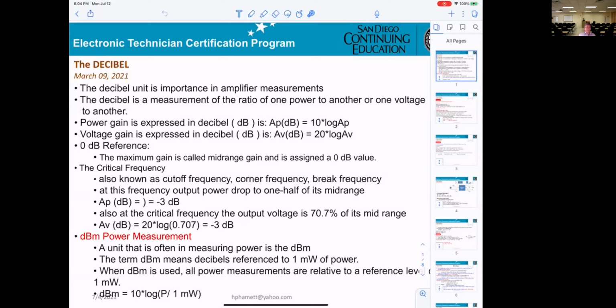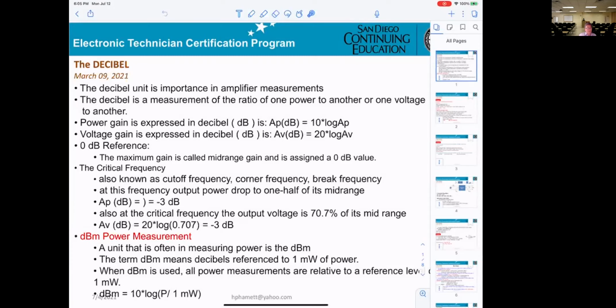So basically in the lab, in real design, anything for the radio signal, transmitter, receiver, they will be using decibel. Okay? The decibel is a measurement of the ratio of one power to another, or one voltage to another, or also one current.